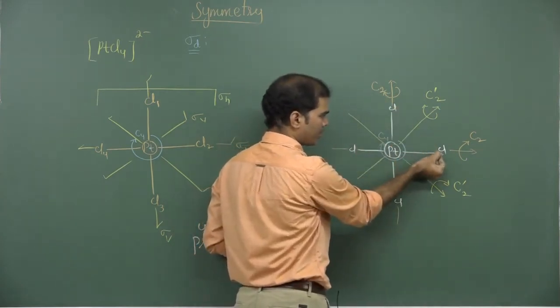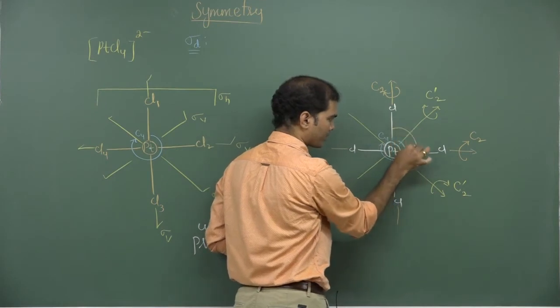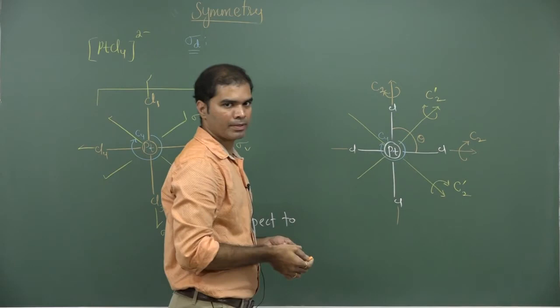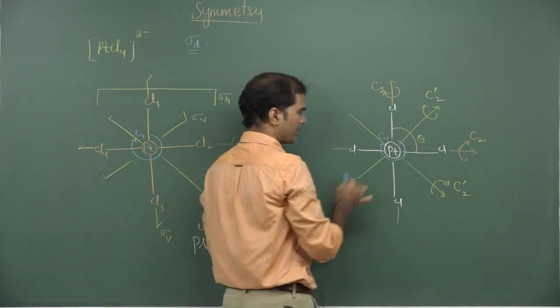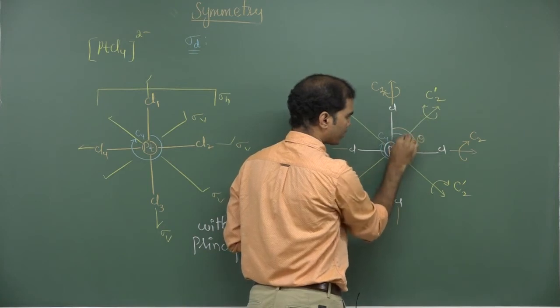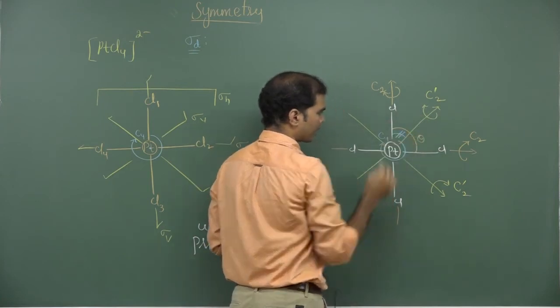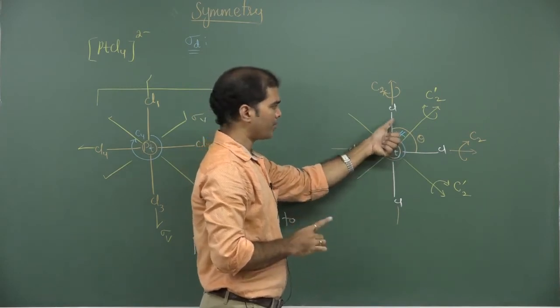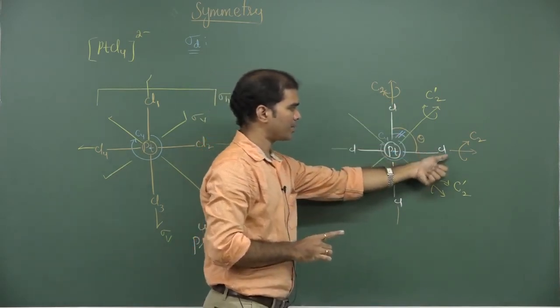Between this and this C2 there will be some angle. That angle I am calling a dihedral angle. Don't take the angle between C2 and C2 prime. It is not a dihedral angle. It is an angle subtended between two similar C2s.